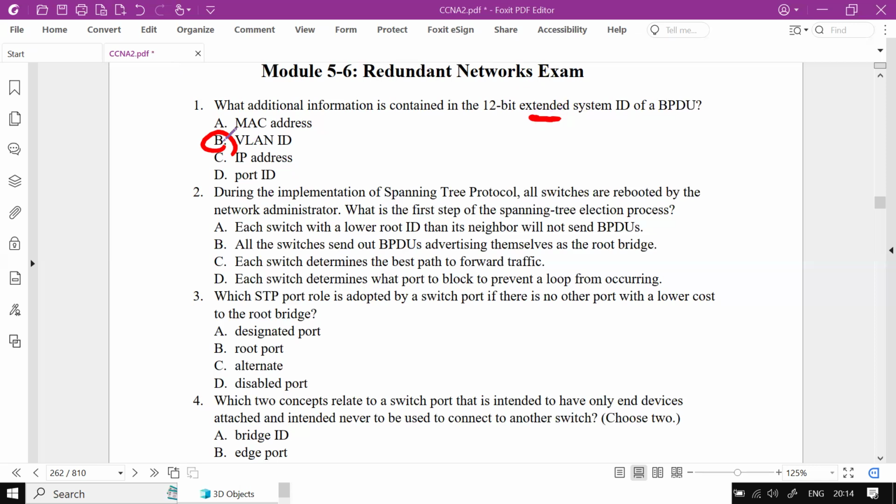Question two. During implementation of STP, switches are rebooted by the network admin. What is the first step of the spanning tree election process? The first step is the exchange of BPDU messages. So we have the exchange of BPDU messages, then we go to the election of who becomes the root bridge. Then we elect the root ports or designated ports.